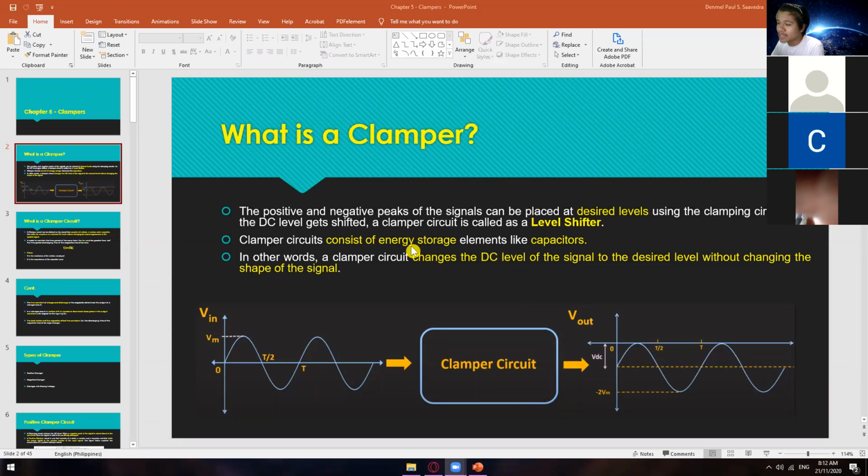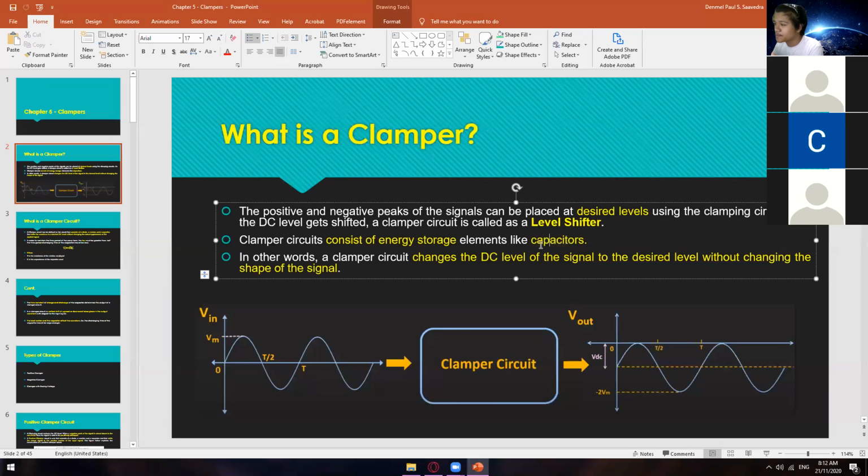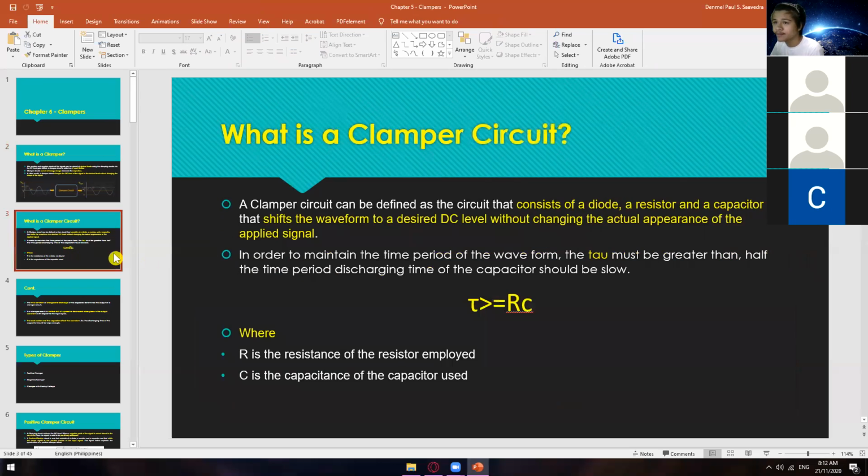The additional part with a clamper is just a capacitor. This makes it possible to not change the waveform of the voltage input. Whatever your voltage input is, it is the same waveform as your voltage output. That is because of the capacitor, right?